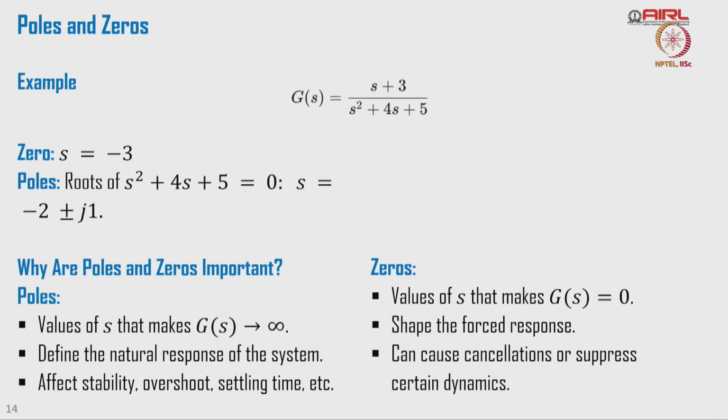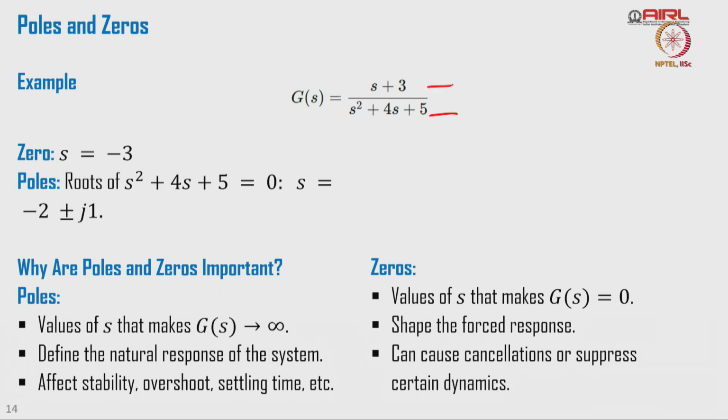Now we have poles and zeros. We have defined that when we have the numerator and denominator of the transfer function, if for some value of s the numerator becomes 0, then it is the zero of the system, and when for some values of s the denominator of the transfer function becomes 0, then it is the pole of the system.